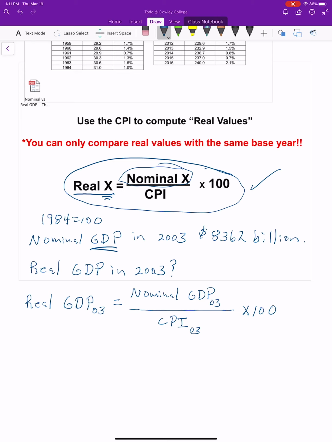All right, so let's plug our numbers in. According to this, we have nominal gross domestic product in 2003. I gave you that information right there. That's the thing that we actually measure out in the economy. So we have $8,362 billion divided by the consumer price index in 2003.